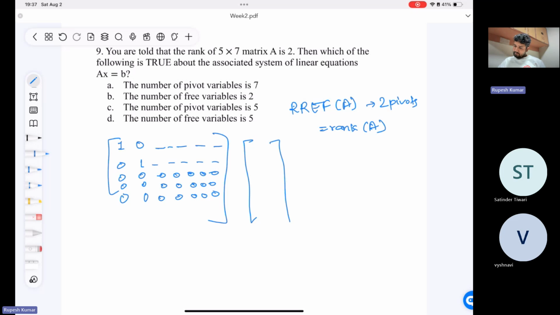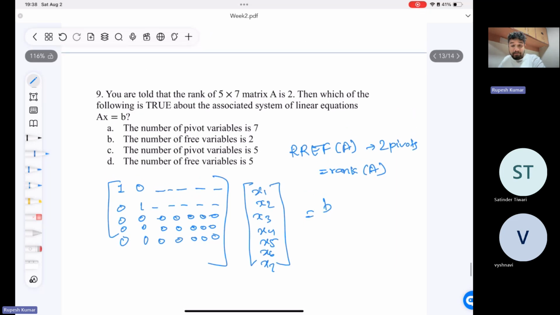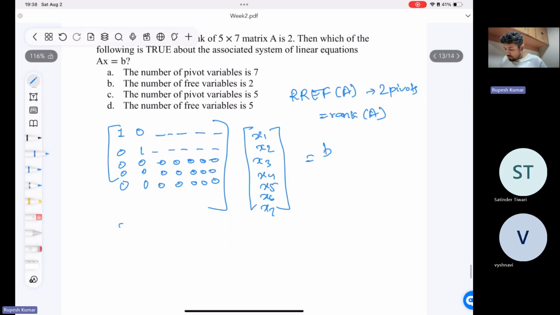And you are trying to solve x1, x2, x3, x4, x5, x6, x7 equals b. You want to solve this problem, right? So how many variables have pivots associated with them? Only two, right? So you have two pivot variables, because we can see we have only two pivot rows.